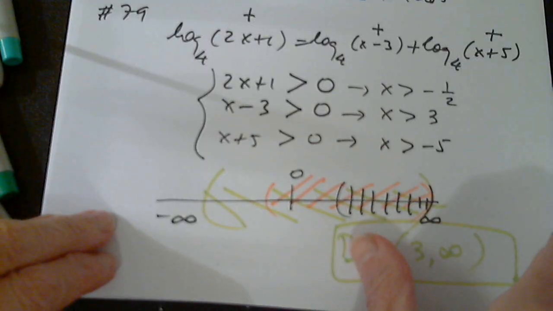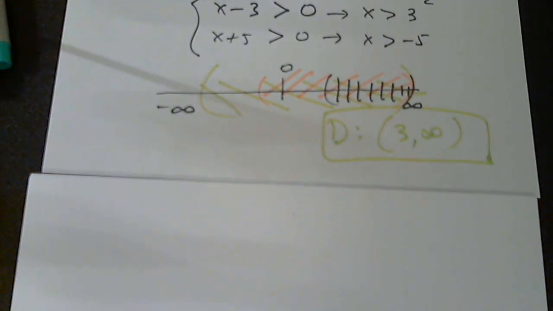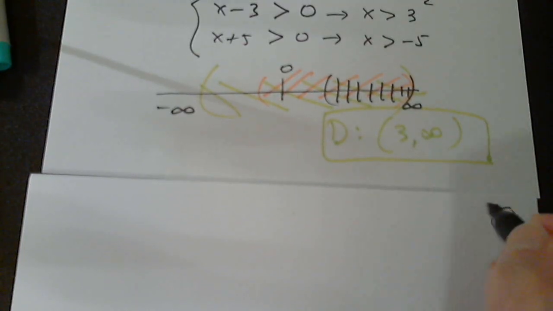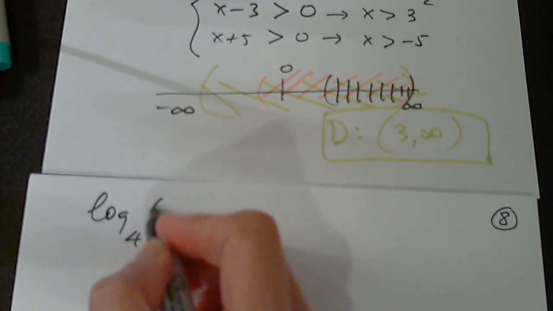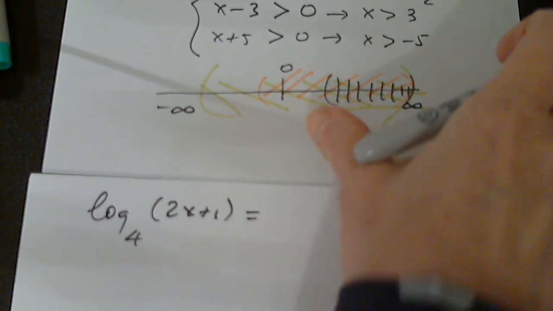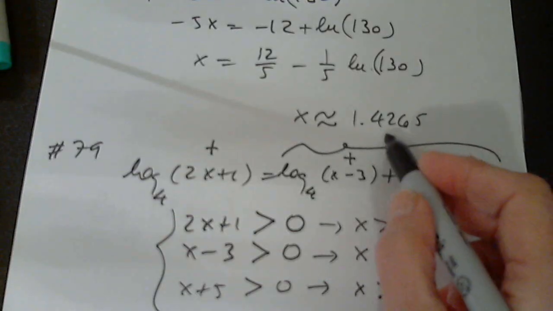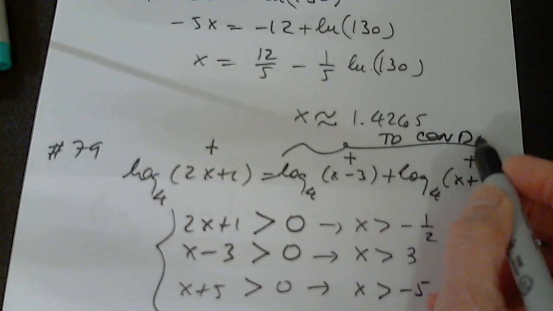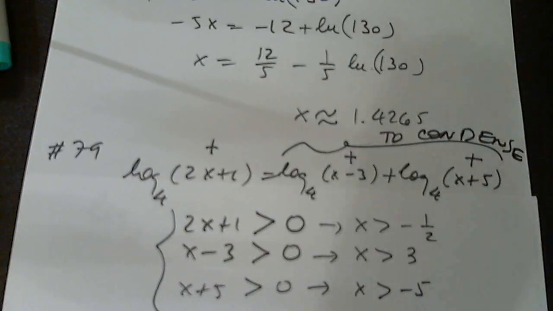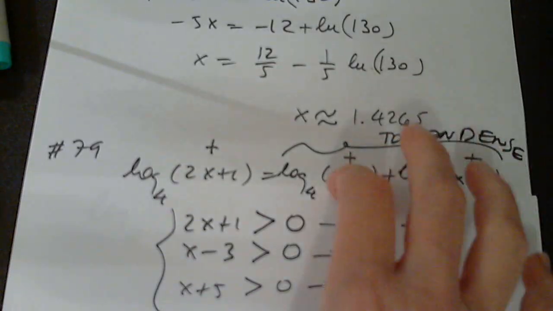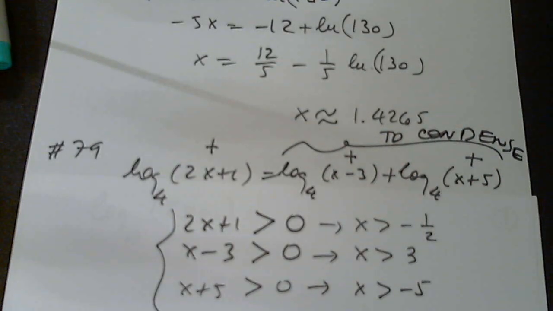Okay, so now I will copy the left-hand side as is, leave it alone. But I have to look at the right-hand side and I have to condense. How do I condense log of this plus log of this? There are three properties. Which property do we use here?